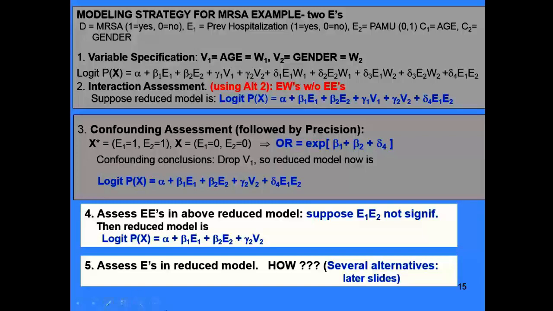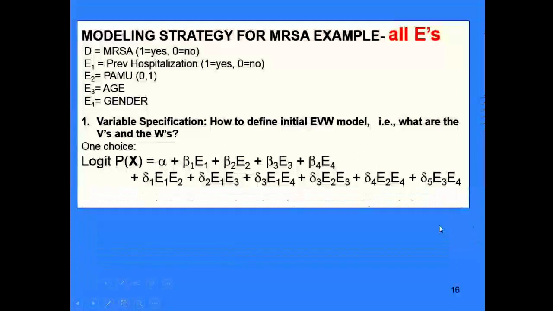But this brings up a more general question, which is also going to be talked about tomorrow. What I'm talking about a little bit today is, what if you have a situation where the only variables you're dealing with are E's? You don't have any potential confounders.